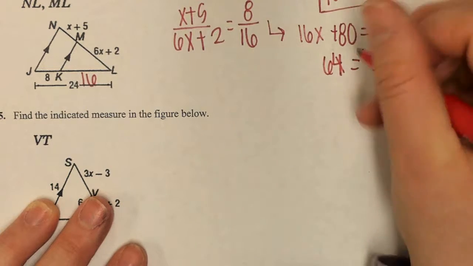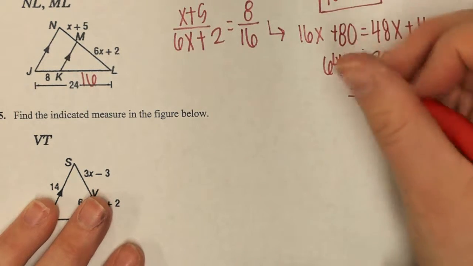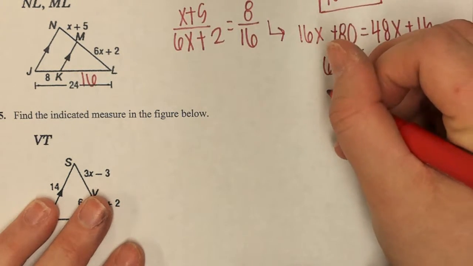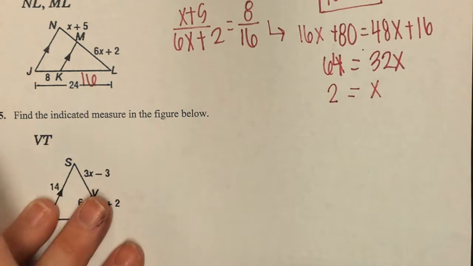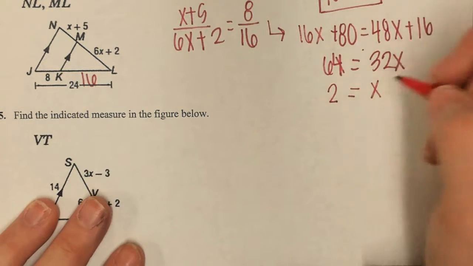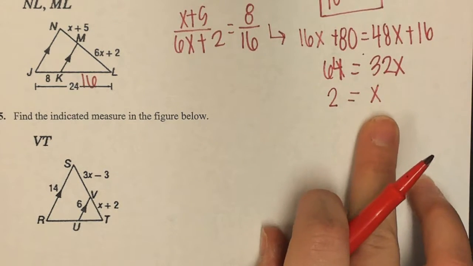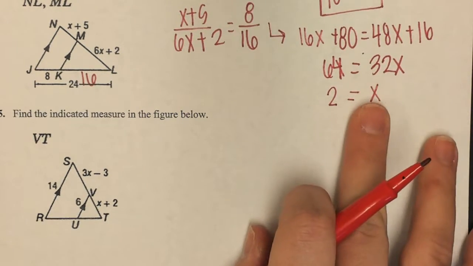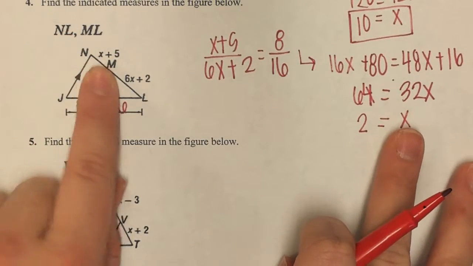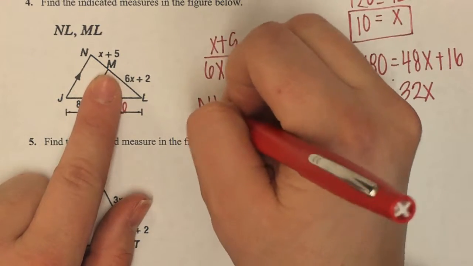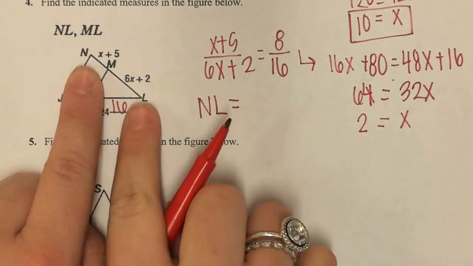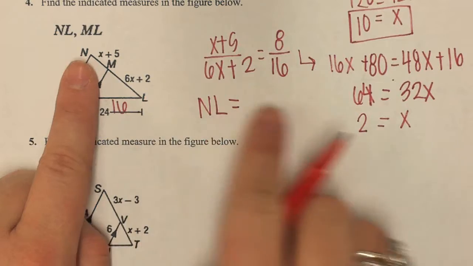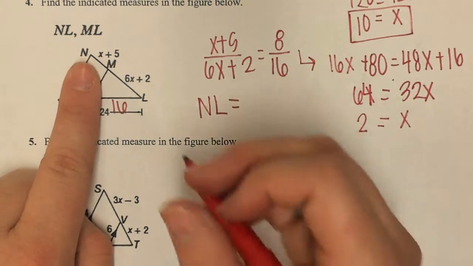Divide both sides by 32, so x is equal to? 64 divided by 32 is 2. But that's not my question. My question is, what's NM and ML? Well, NM is equal to this whole thing. So wherever there's an x, I have to plug in 2.